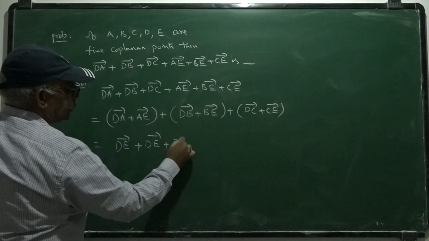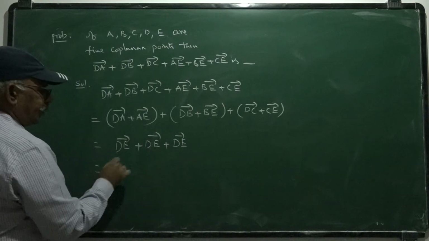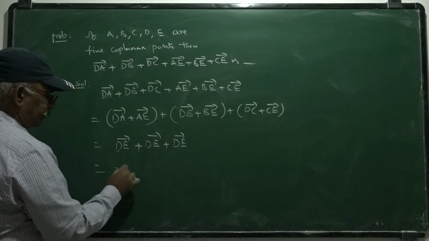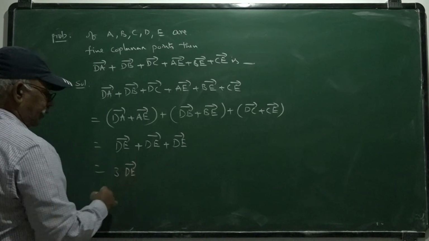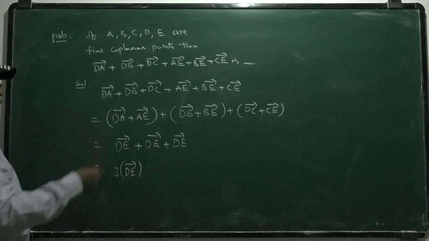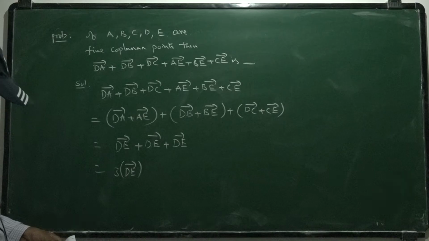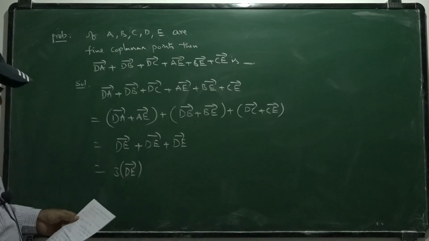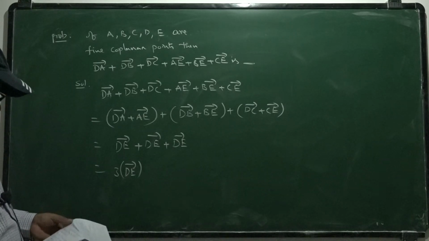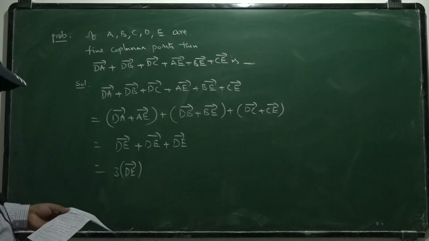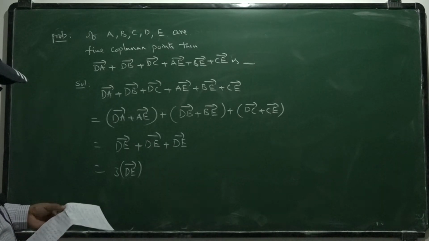That is also dE bar itself. dE bar plus dE bar plus dE bar, thrice that of dE bar. The resultant vector is thrice that of dE bar. Like that, by observation we can find the sum of the vectors.